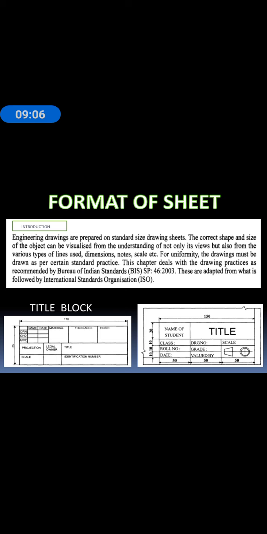The title box is divided into three to four parts. We can easily identify the name, roll number, group, branch, title of the sheet, organization name, which type of scale we can use, and which grade of pencil, and all the details are considered in the title box. It is drawn at the bottom right side at the starting of our drawing.